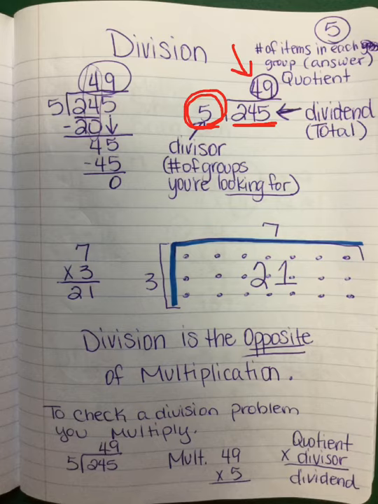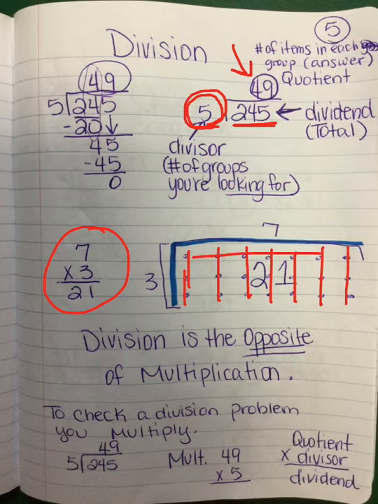Okay, and we talked about how division and multiplication are the same thing. When you have an array like this one, 7 by 3, which is 21, that means you have 7 columns, and then you have 3 horizontal rows of one object or another.